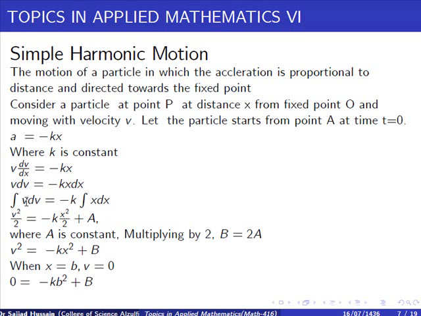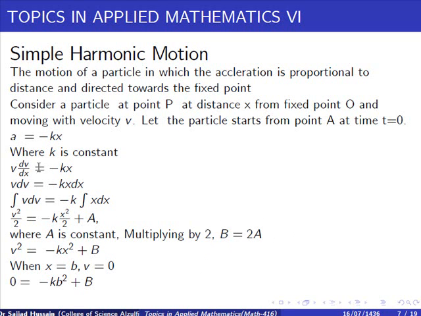Integral gives v square divided by 2 is equal to minus k x square by 2 plus a, where a is constant. Now we multiply this equation by 2, then v square is equal to minus kx square plus b, where b is equal to 2a.